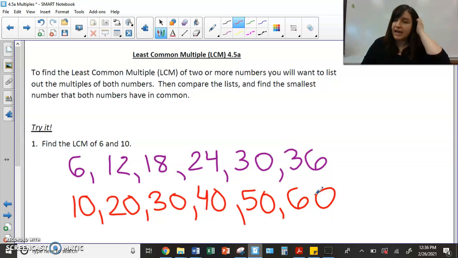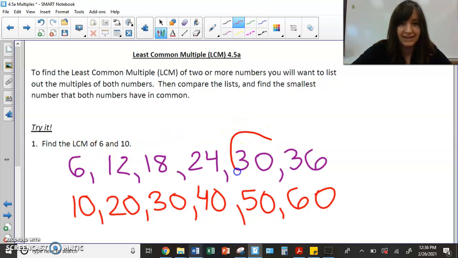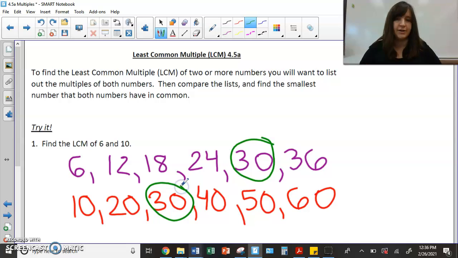Now, I didn't need to go as far as I did for my tens. The reason for this is because a third number into my list, I see that there is another multiple that it has in common with my multiples of 6. If you'll notice, both lists have the number 30. So I see the number 30 right here and the number 30 right here.